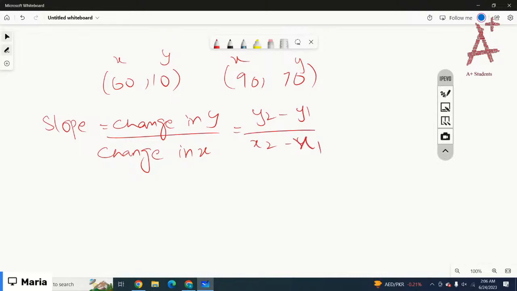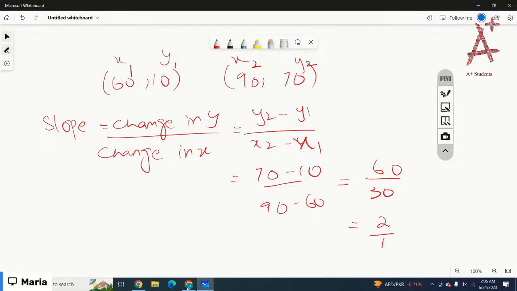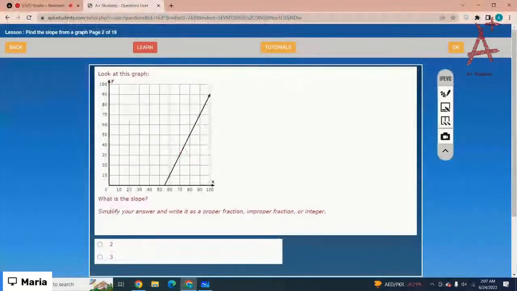These are the coordinates x1 and y1, and these are x2 and y2. So you do 70 minus 10, and 90 minus 60. 70 minus 10 is 60, and 90 minus 60 is 30. When you divide, 30 times 2 is 60. So the slope of the graph is 2.